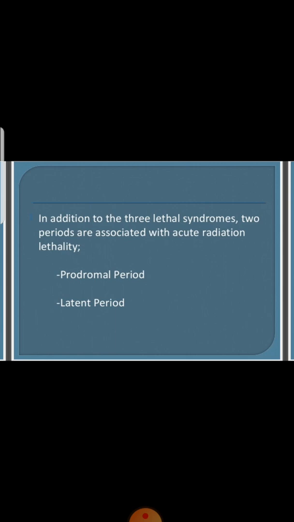We have some important factors as well, and we call them the periods that are associated with acute radiation lethality, and these are the prodromal period and the latent period, and we will discuss these individually.